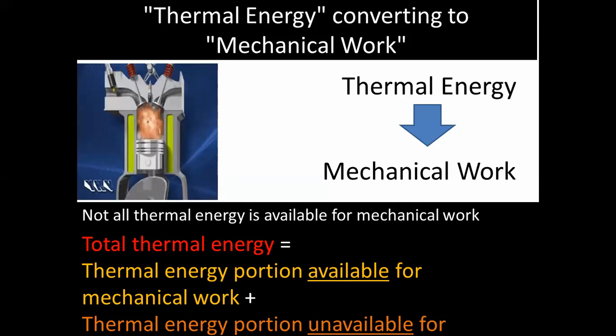So other than the energy necessary for mechanical work, you need some extra as well, because not all thermal energy is available for conversion to mechanical work. Quite a general understanding, but it is important.